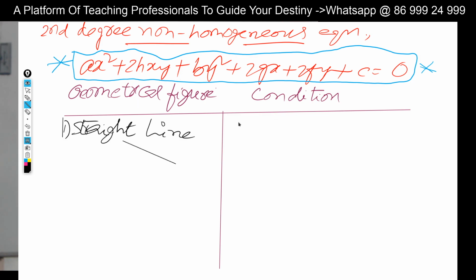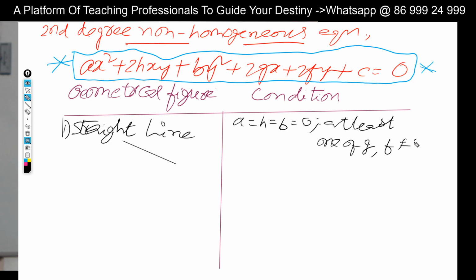It is to represent a line. You know what the condition is here? Very simple: a is equal to h is equal to b is equal to 0. All must be 0. And at least one of g, f not equal to 0.